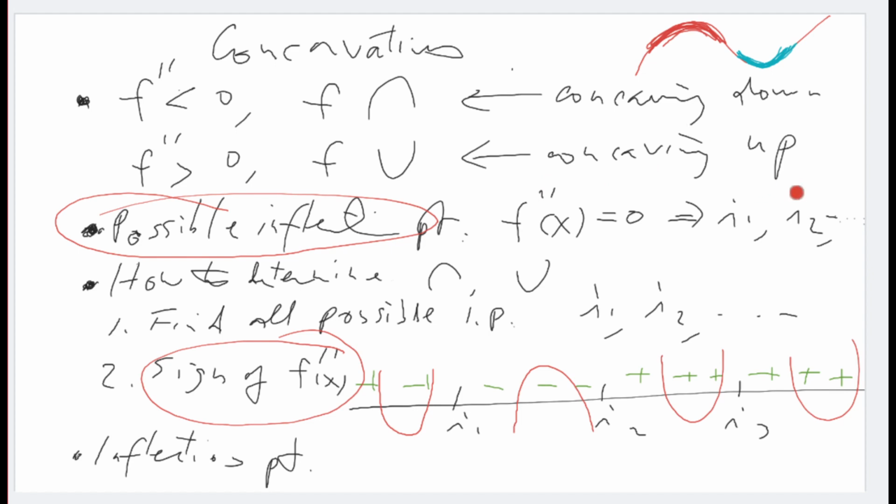We pretty much follow a similar process: solve, divide the number line into intervals, and test the sign over each interval. But for concaving structure, we test the second derivative. For increasing and decreasing, we test the first derivative.